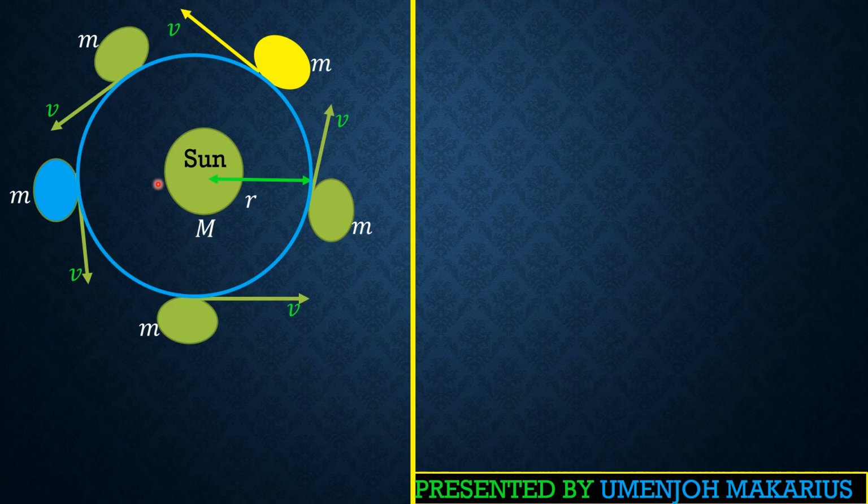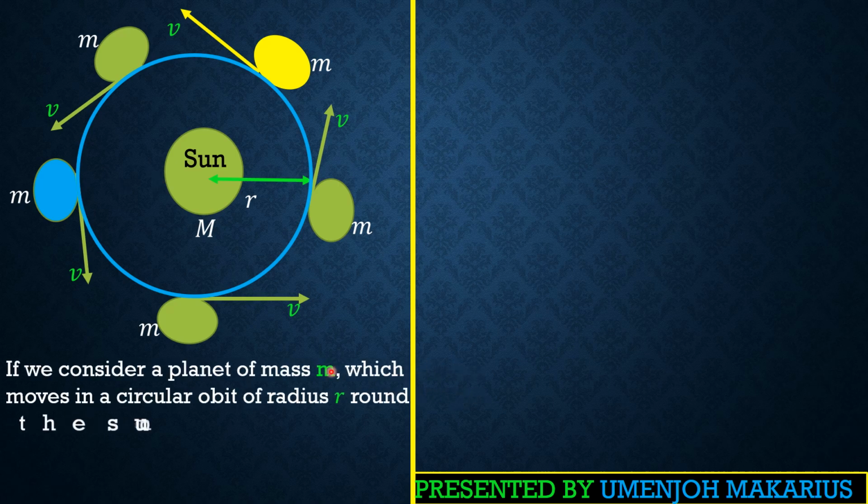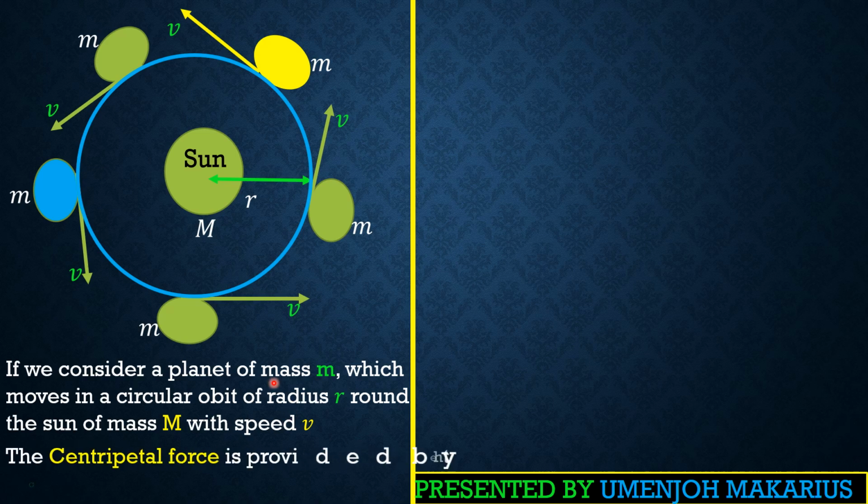So if you consider a planet of mass small m, which moves in a circular orbit of radius r around the sun of mass capital M with speed v, then the physics of this question is that the centripetal force is provided by the gravitational force. If in the exam you fail to make these statements, most importantly that the centripetal force is provided by the gravitational force, you score a 0.